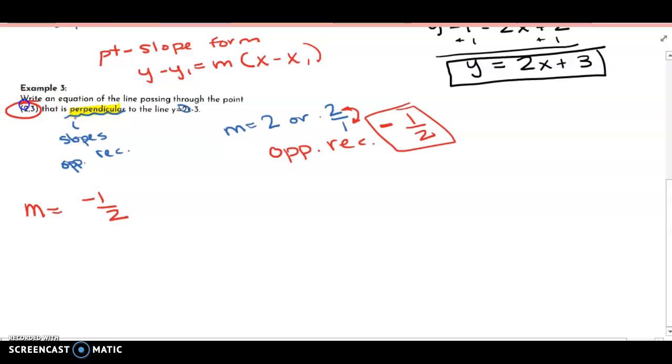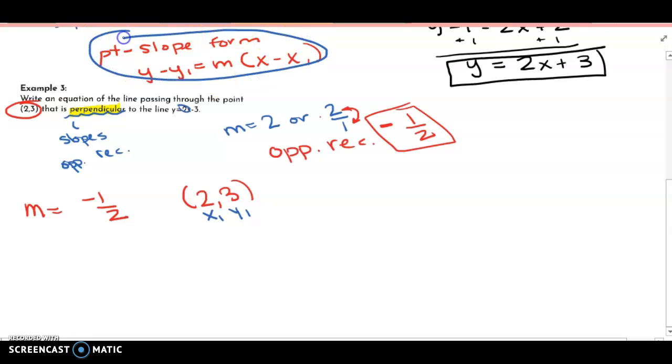And we know it has to pass through the point 2, 3. Well, this is our x1, this is our y1. So now we have a point and a slope. Once again, we're going to want to use point slope form, which is right here. So now it's just a matter of plugging stuff in. So I have y minus my y1, which is 3, equals m, which is negative 1/2, parentheses, x minus my x1, which is 2.